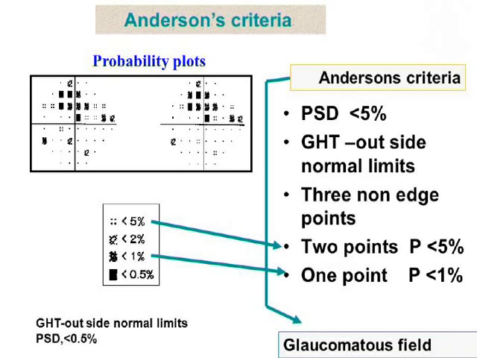And there should be a minimum of 3 points in the probability plots, cluster points, that are non-edge scotomas. These 3 points need not all have a p-value less than 0.5%. Even if 2 points have a p-value less than 5% and 1 point less than 1%, then we say that the Anderson's criteria is positive.